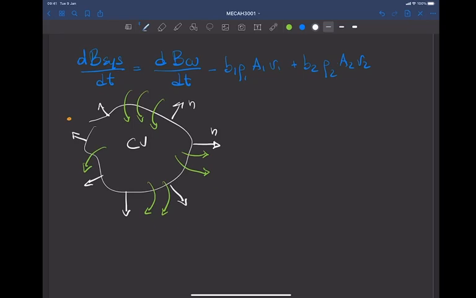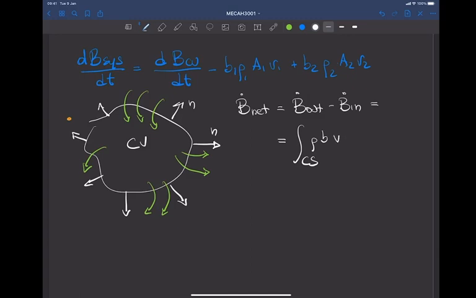So in particular, we can say, okay, the net flow rate of property B across the surface, which is of course the difference between what goes out and what comes in, is simply given by an integral on the control surface of the intensive property, so rho small b, times the velocity.